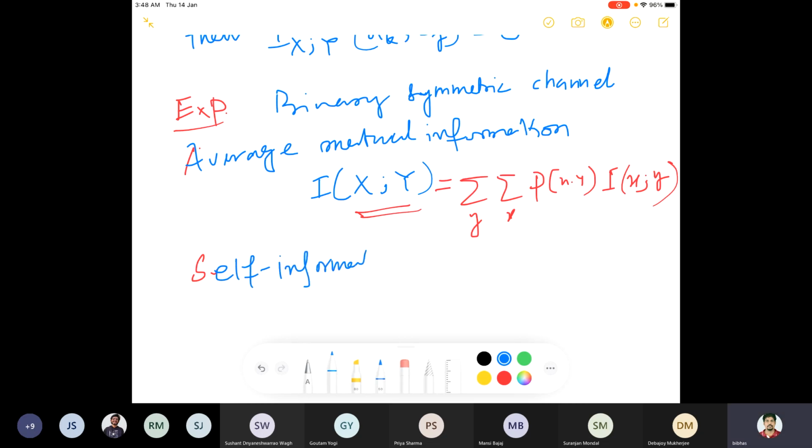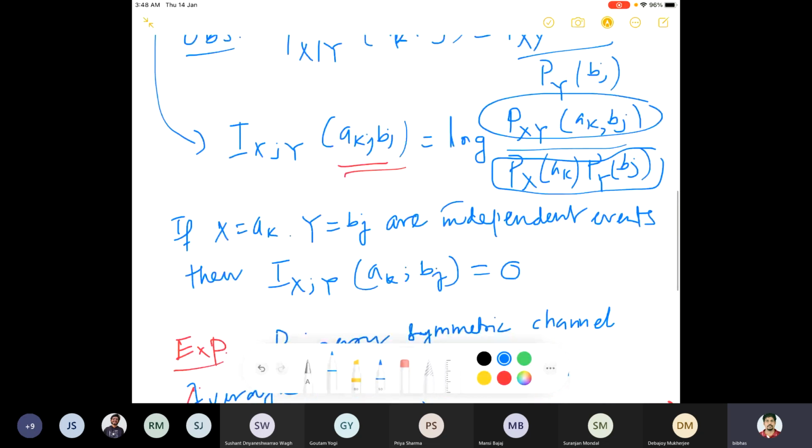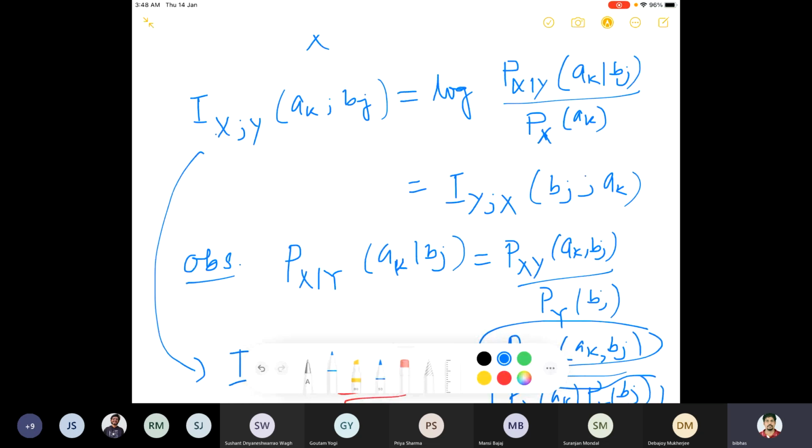So this was defined by an observation, actually, by observing the fact that if this value is 1, then what has happened? If this value is 1, that means if you are certain that if bj is received, then definitely ak was transmitted.